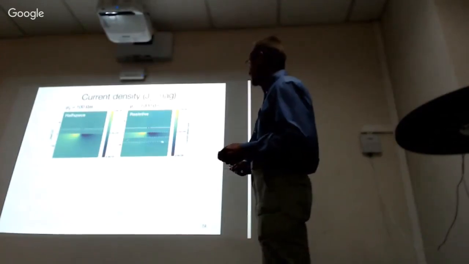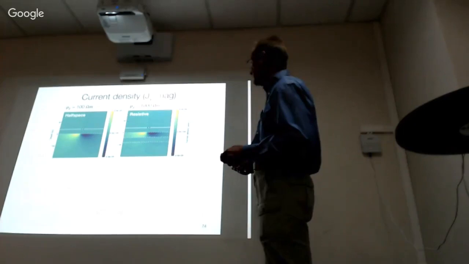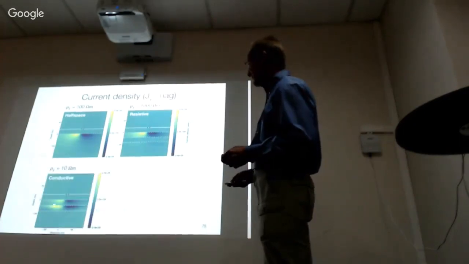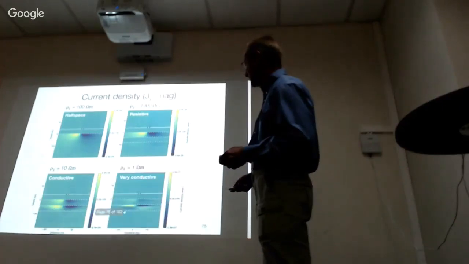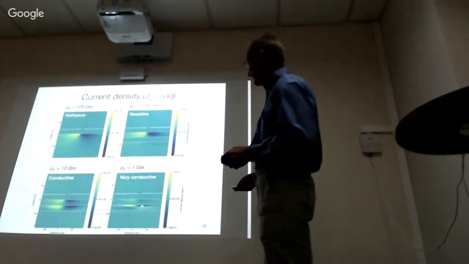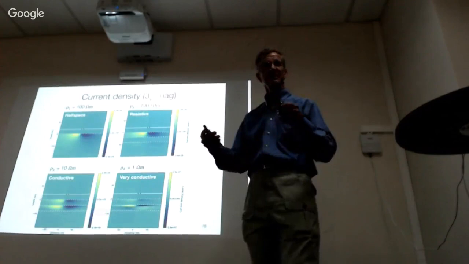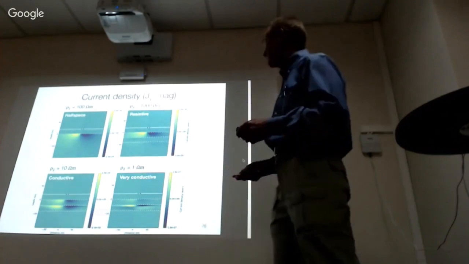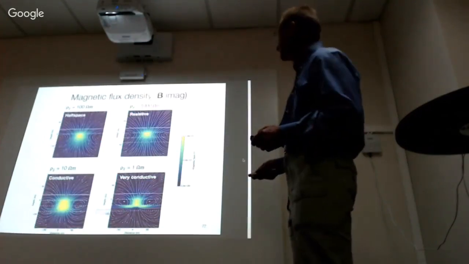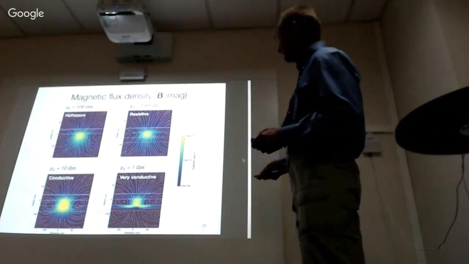If we do a resistive layer, we're just not being affected by that. If we have a conductive layer, then there are going to be a lot of currents induced, and if it's very conductive, then they barely make it through. So it's exactly the same as in the time domain. And here are your corresponding magnetic fields.